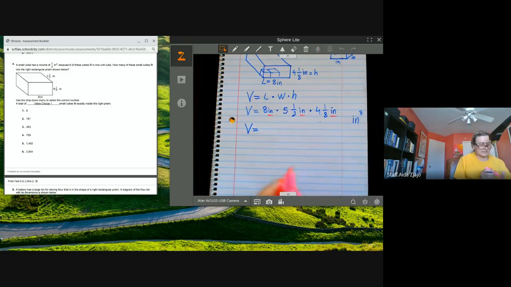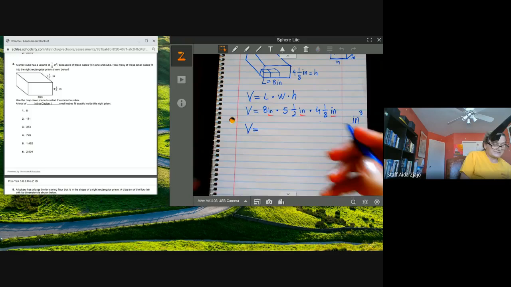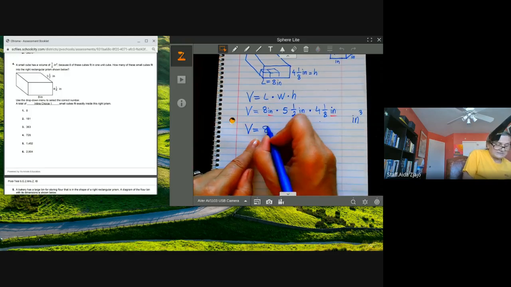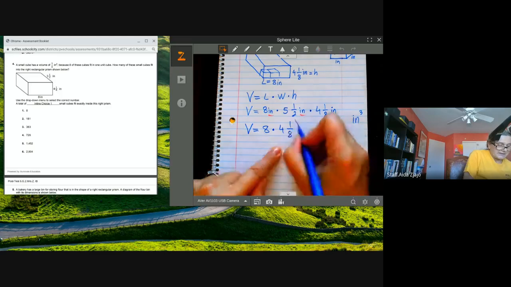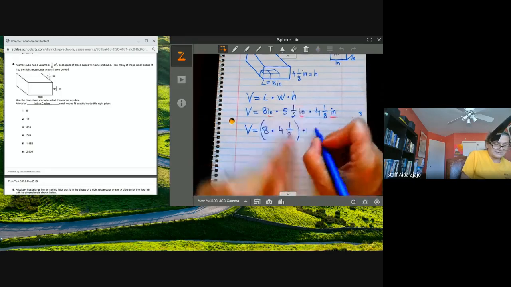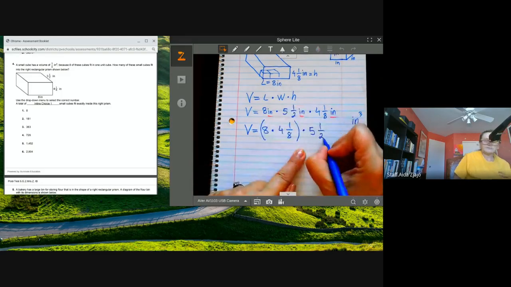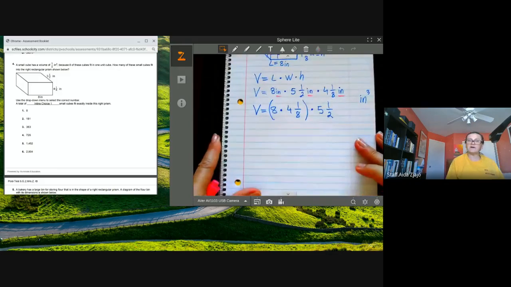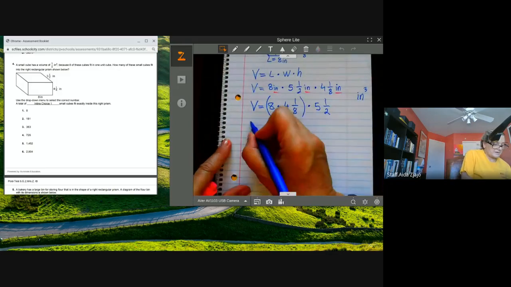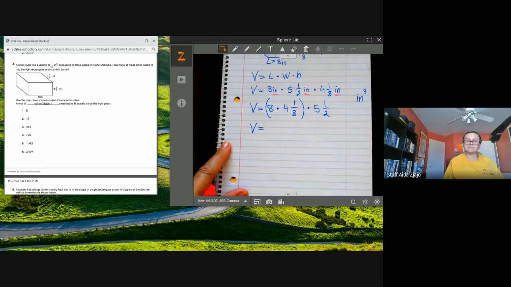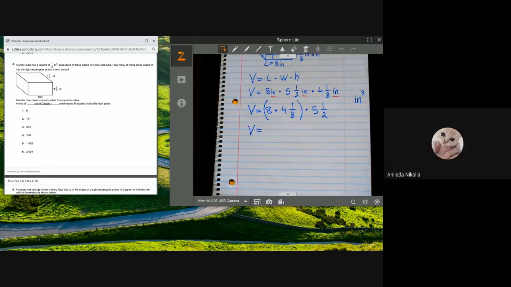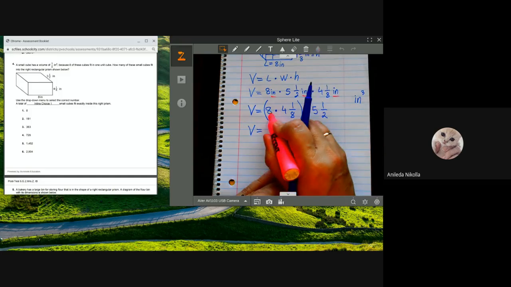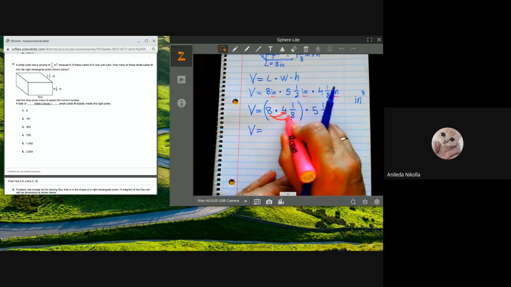So I will leave that out to make less mess. But you said you would like to do 8 times 4 and 1/8, and then we will do 5.5 later. So let's do that. What property or operation can you do to help yourself multiply 8 times 4 and 1/8? 8 times 4 first, and then 8 times 1/8, and then add those two.